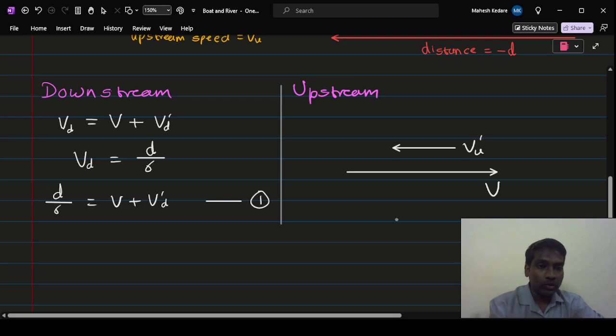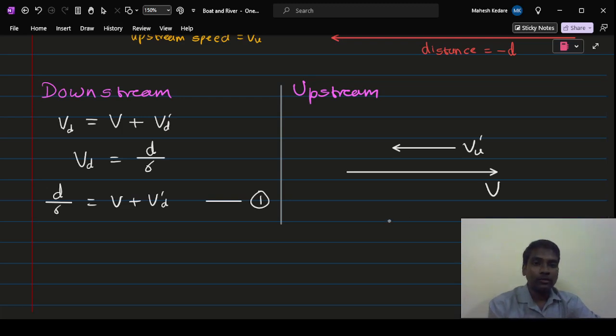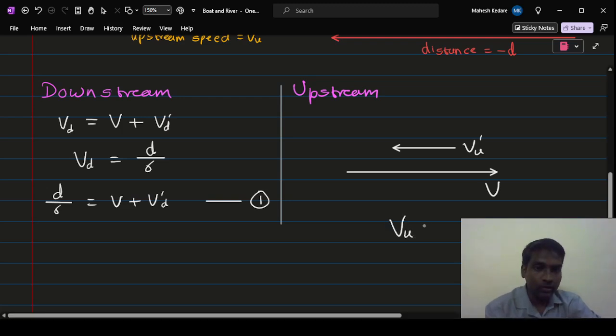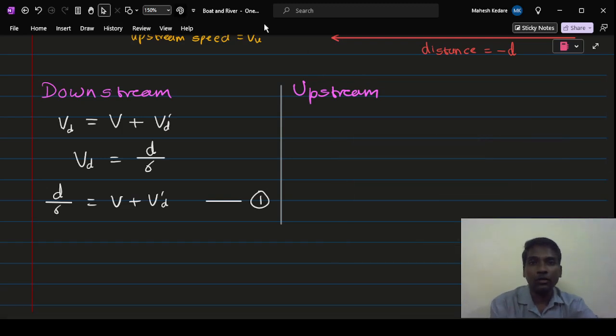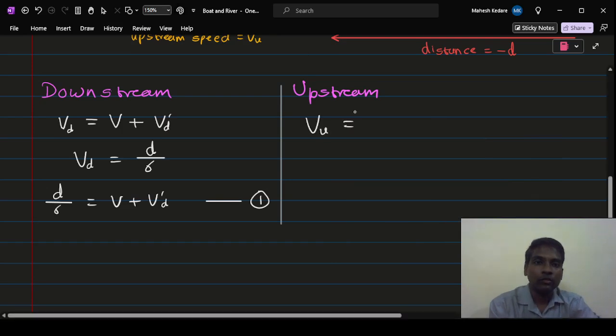So the total speed of the boat as seen from the ground, we denote it by Vu, is again the speed of river plus the speed of boat relative to river. So again we have an equation for the speed of the boat relative to ground as Vu, equal to river speed plus speed of boat relative to river flow.